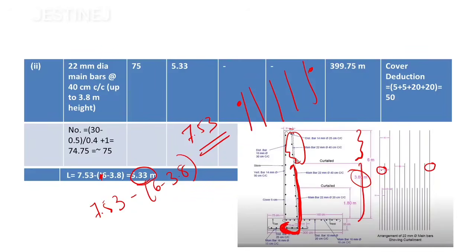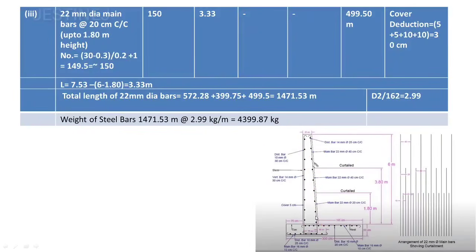So 20 centimeter to both the sides. If you add up those values of 50 centimeter and 50 centimeter, and reduce 0.5 and divide by 0.4, the center to center spacing, plus 1, you will get 75, and if you multiply with these values, 399.75 meter.